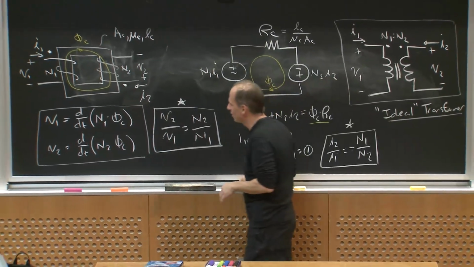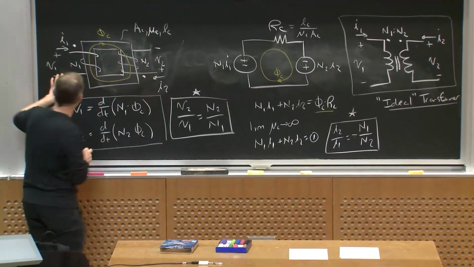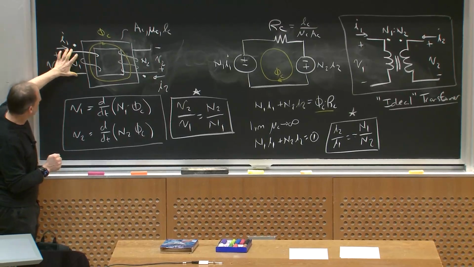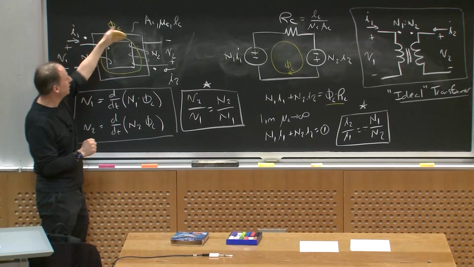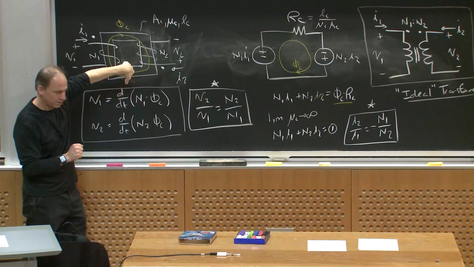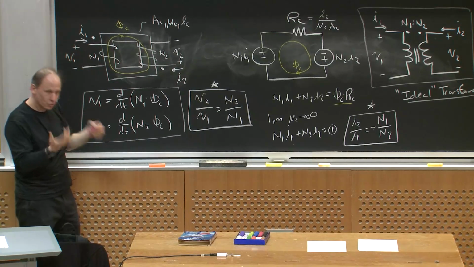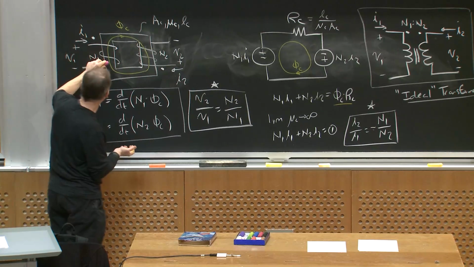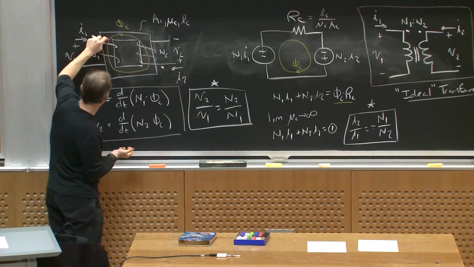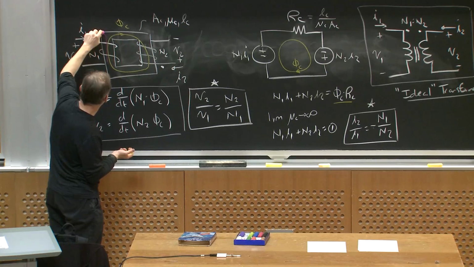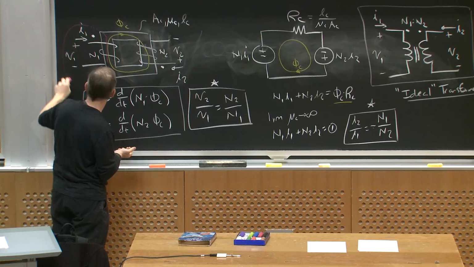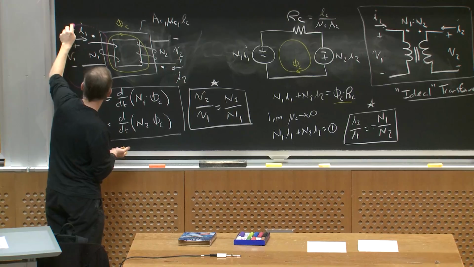What that means is, if I applied some Ni over here, I will indeed get some flux going around the core, but I will get an additional component of flux that might link winding 1, but it can come out of the core and link back this way.